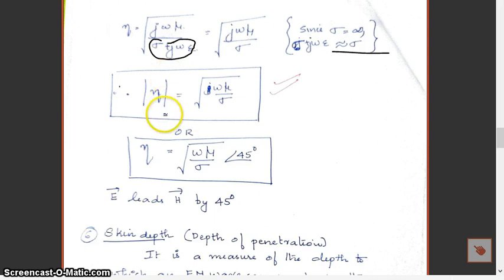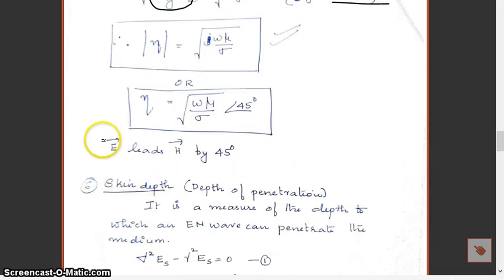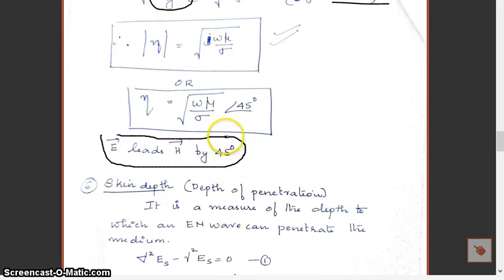The modulus of eta. When I am taking the modulus of eta, I can remove this j term. So modulus of eta is equal to square root of mu omega by epsilon, or in the polar form you can write eta is equal to square root of omega mu by sigma angle 45. So this shows that the electric field in this medium will lead the magnetic field by an angle of 45 degree. Okay.